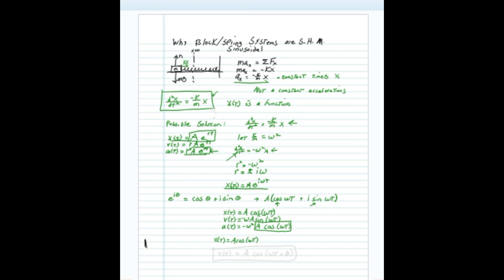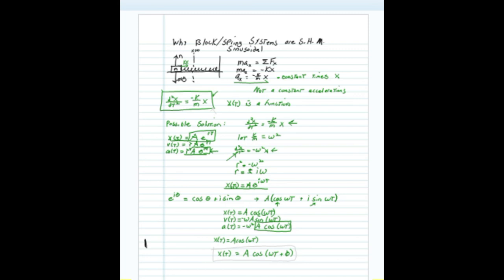Maybe you take an object on a spring and you pull it back and you release it, but you don't turn on the motion detector until a few seconds later. So to deal with that sort of situation, we can write it in a more generic fashion, like this: a cosine omega t plus phi. And phi is just a phase angle that's going to shift the graph to the left or to the right to make up for the object not starting at its maximum position.